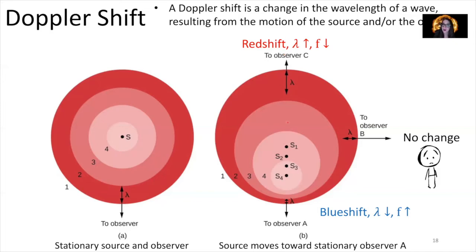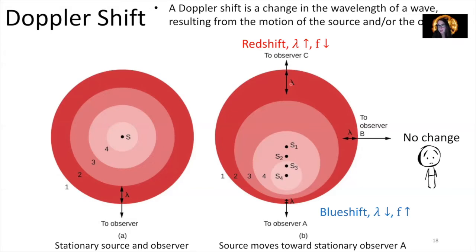So as that object is moving away from you, you experience the wavelength of sound getting longer and longer and longer. So when the wavelength of sound gets longer, the frequency decreases. And when we think about light in the electromagnetic spectrum, longer wavelengths of light are closer to the red end of the electromagnetic spectrum. So when an object moves away from us, we call that a red shift. The wavelength increases and the frequency decreases.